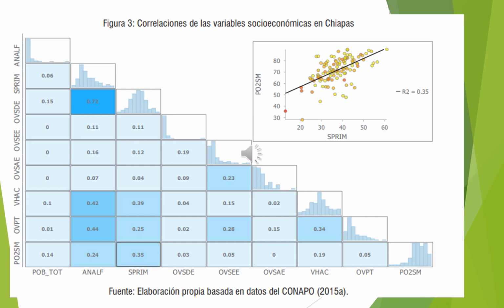Percentage of housing with some level of overcrowding, percentage of occupants in housing with dirt floors, and percentage of employed population with income up to minimum wage. In addition, the percentage of dwellings with some level of overcrowding is positively related to the percentage of occupants in dwellings with dirt floors.